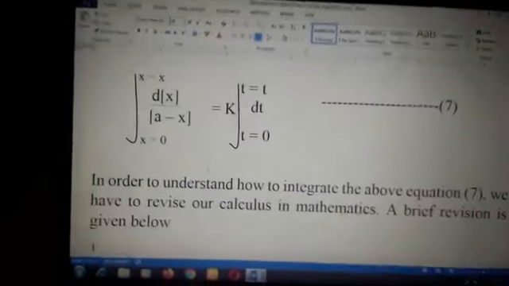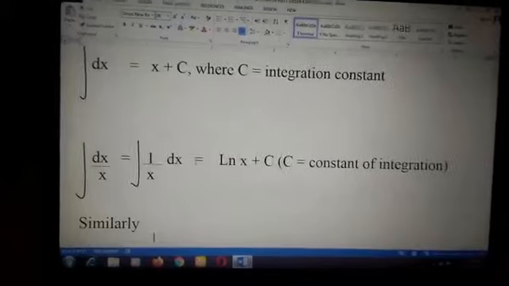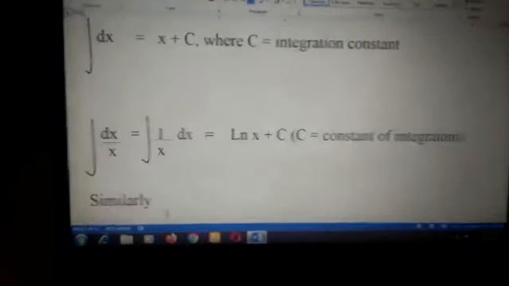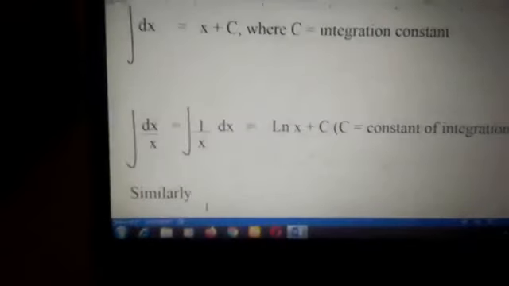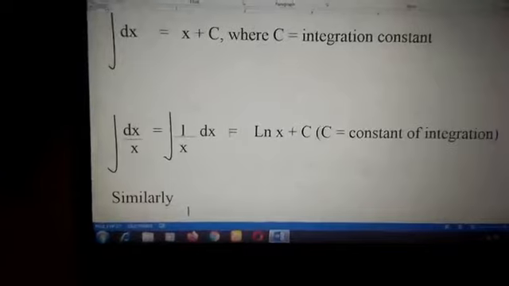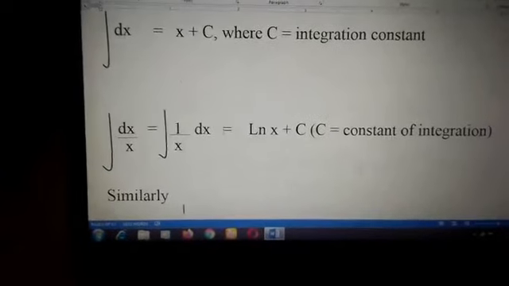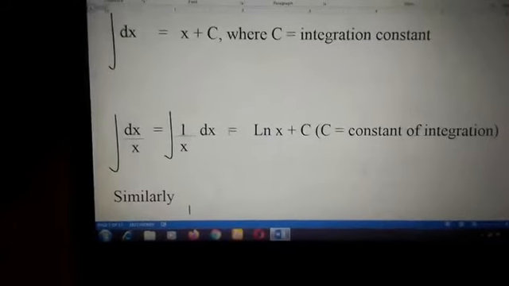Now let's look at the left hand side of the equation. For us to understand the left hand side, we have to look at the standard integral. If you have this example, integrate ds over s, the same thing as saying the integral of 1 over s ds.